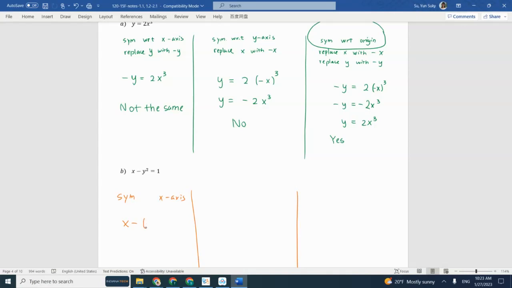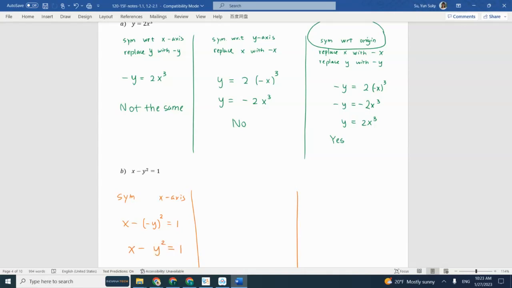We replace y with negative y. So far, so good, everybody? Okay. Now, what happened? Here, x minus 1 squared. What's minus 1 squared? Minus 1 squared is 1, right? So we got x minus y squared equals 1.